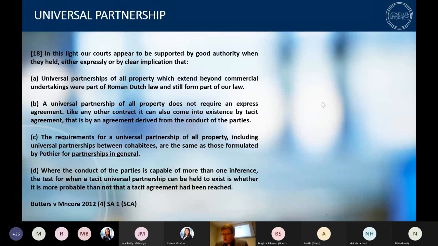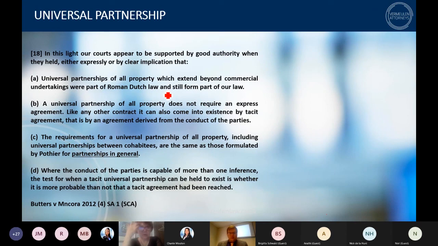So what the majority judgment in Butters versus Nkora actually concluded was this. In this light, our courts appear to be supported by good authority when they held, either expressly or by clear implications, that A, universal partnerships of all property which extend beyond commercial undertakings were part of Roman Dutch law and still form part of our law.